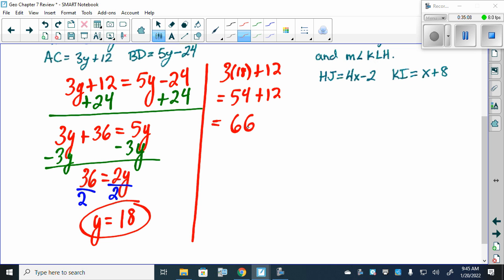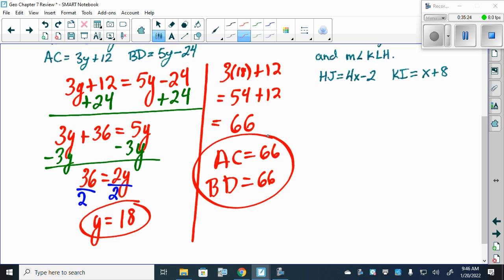And if we did the same thing with 5y, we should get also 66, which is really telling us that AC is 66 and BD is 66. Any questions on this here?